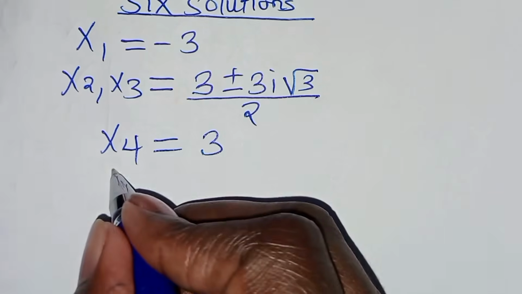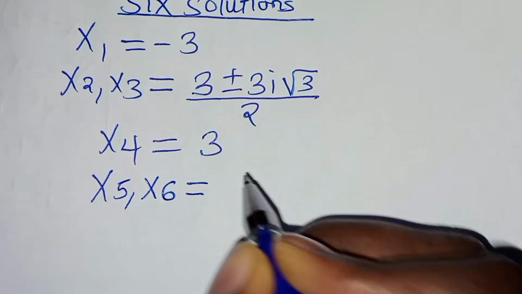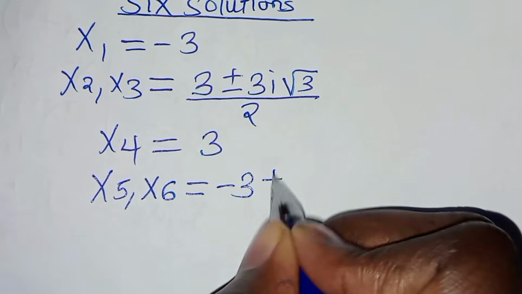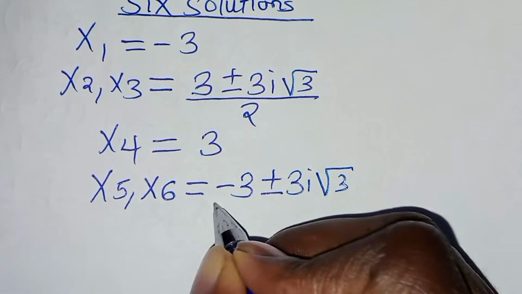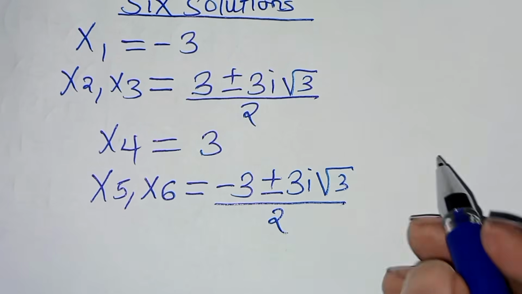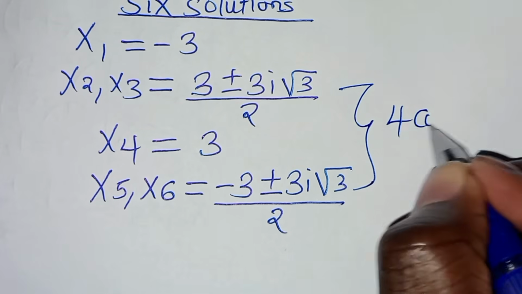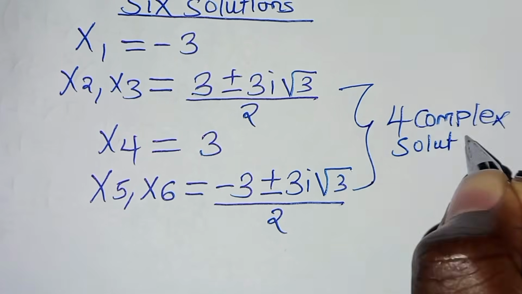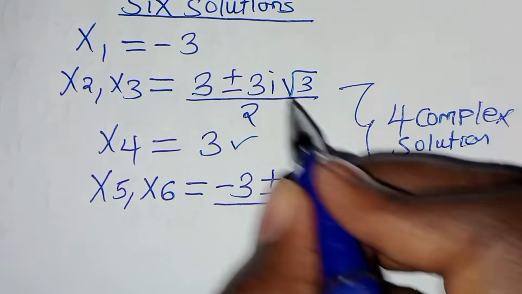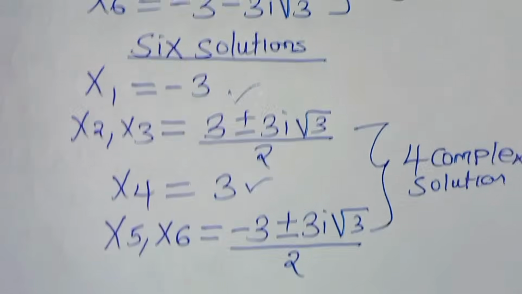And we have x5, x6, this is equal to minus 3, plus or minus 3i square root of 3 over 2. So here we have 4 complex solutions and only 2 real solutions.